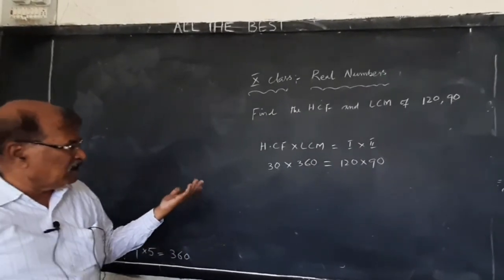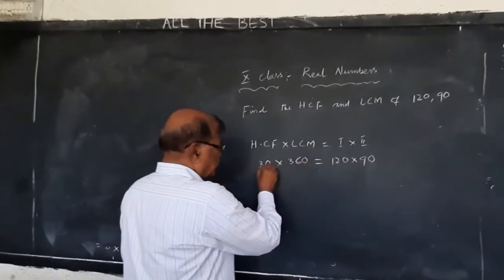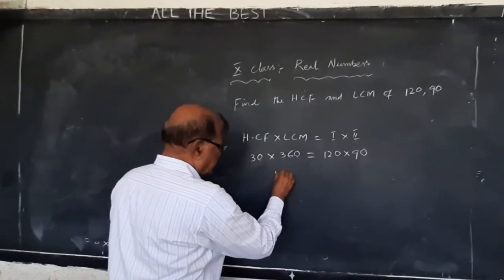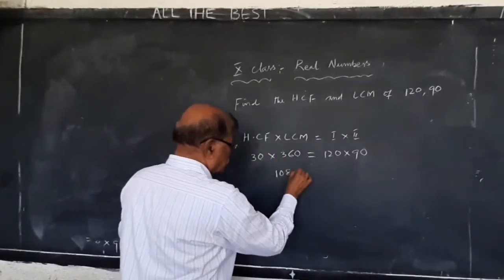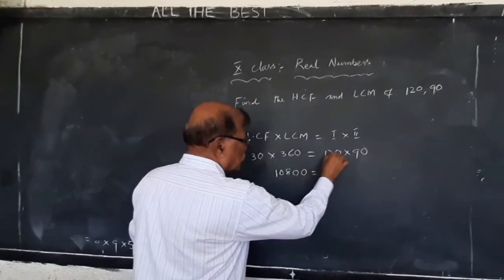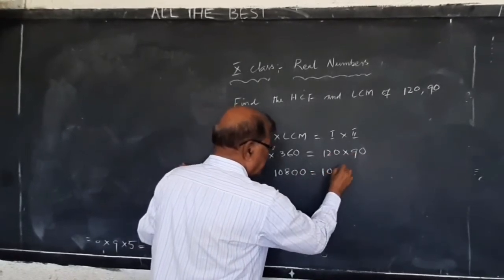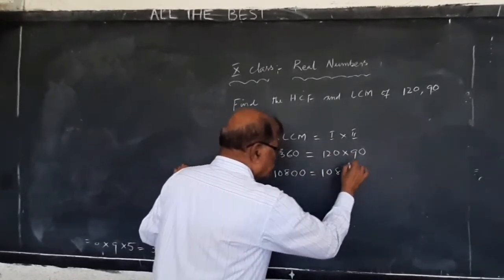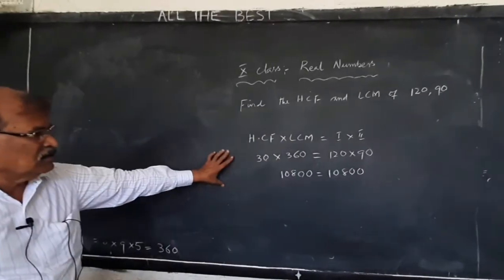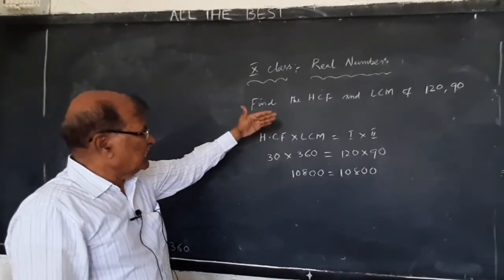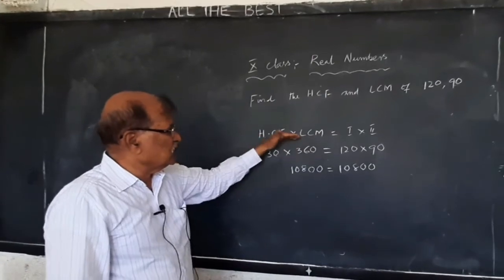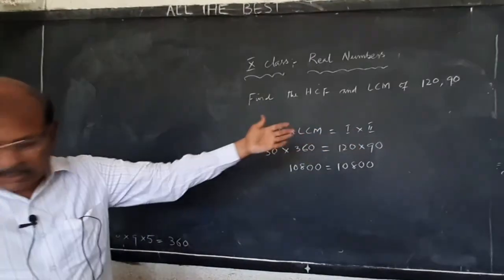Let us multiply. 36 into 3 is 108, plus 2 zeros. And 12 nines are 108, plus 2 zeros. So our answer is correct. So the product of HCF and LCM is equal to the product of the given numbers.